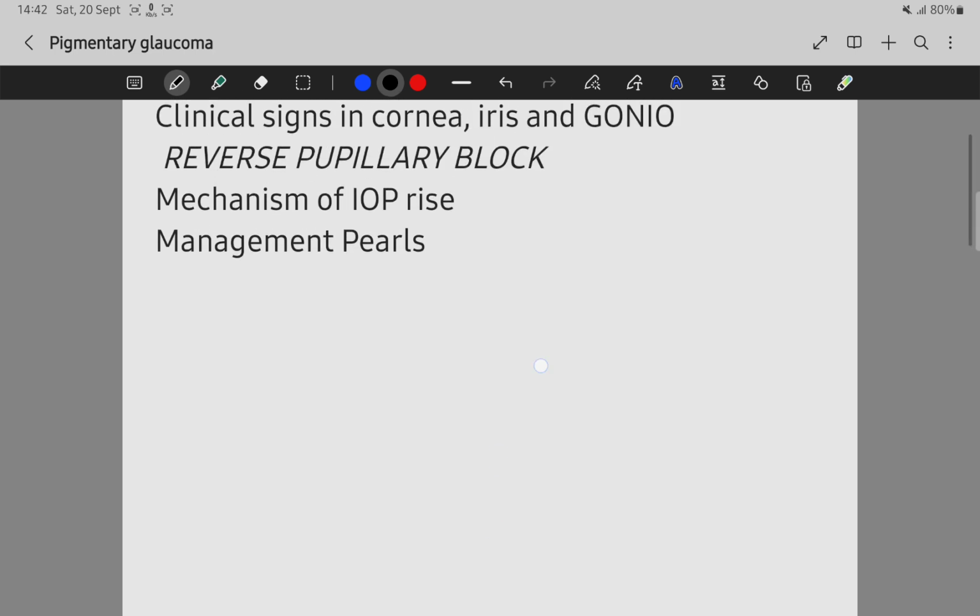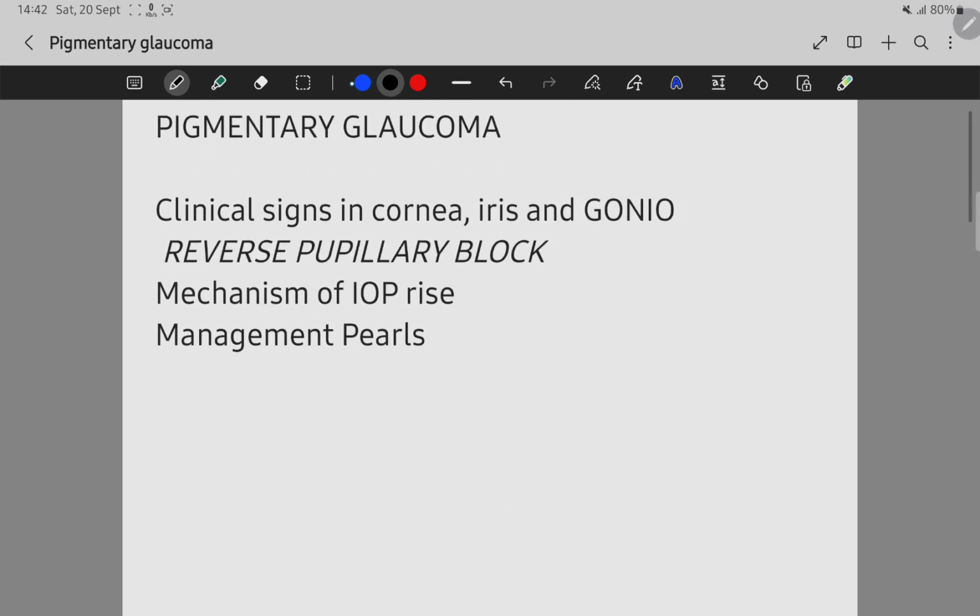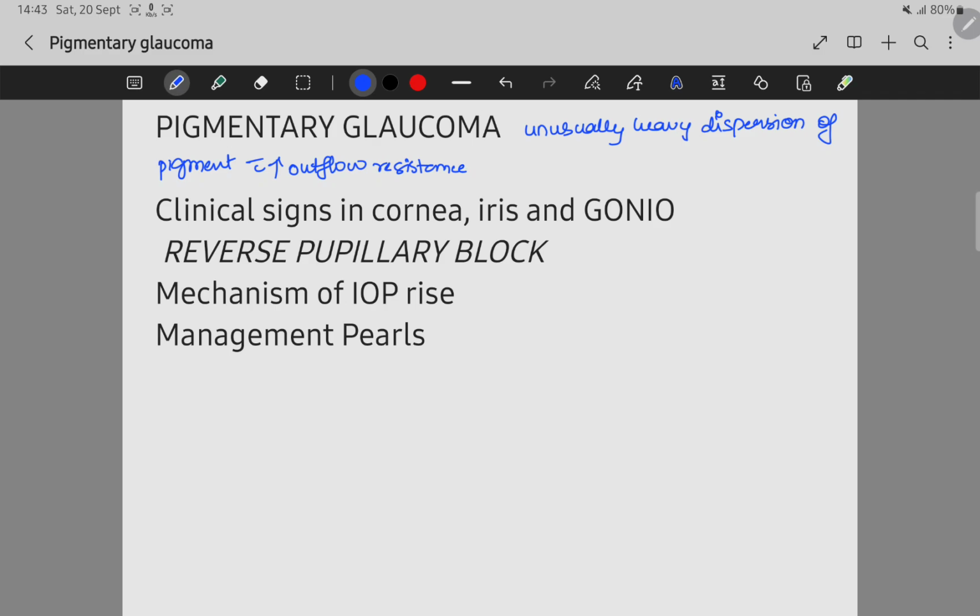So pigmentary glaucoma is unusually heavy dispersion of pigment with increased outflow resistance leading to glaucoma.